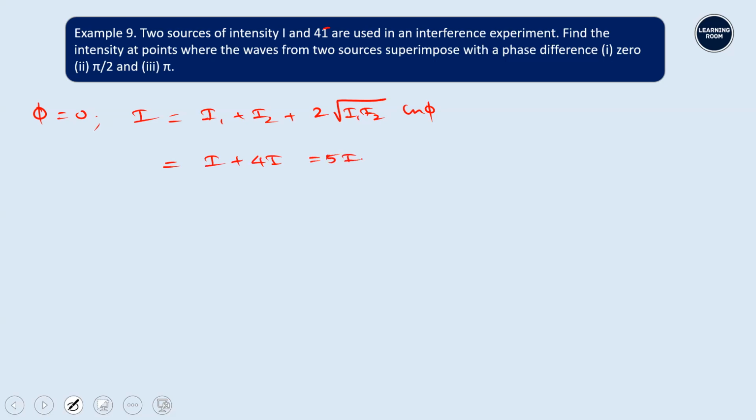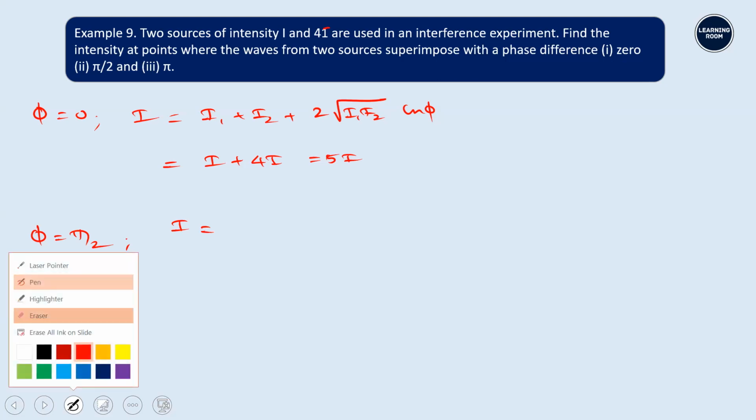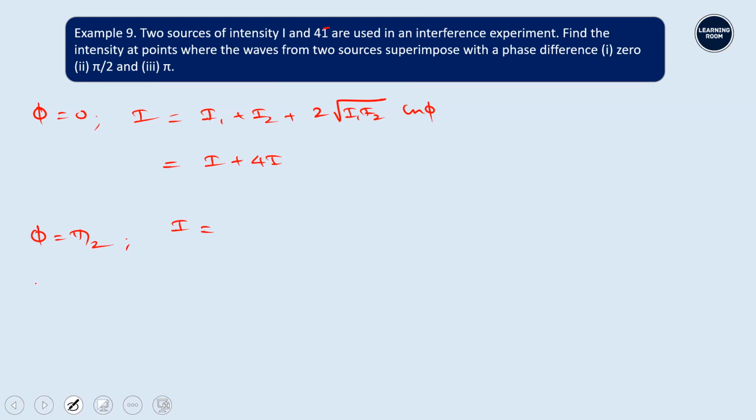Similarly, if the phase difference is pi by 2, then I will be equal to I plus 4I plus 2 into root of I into 4I into cos pi by 2.